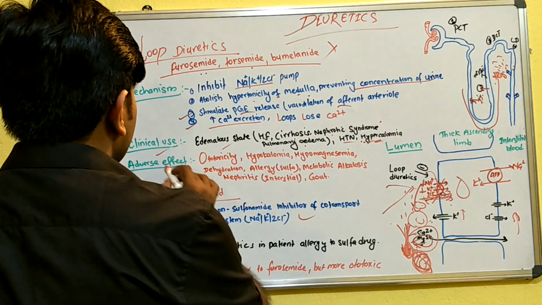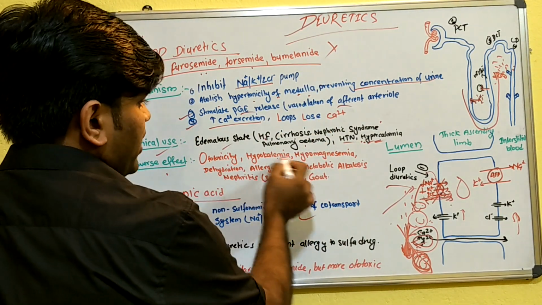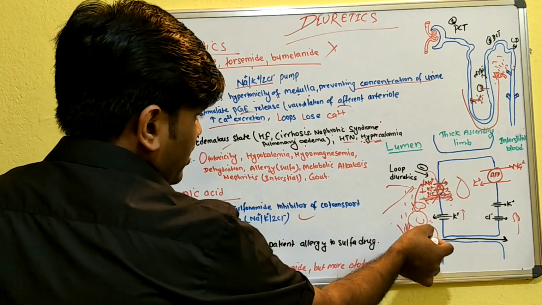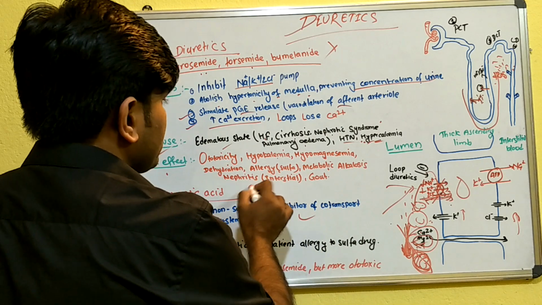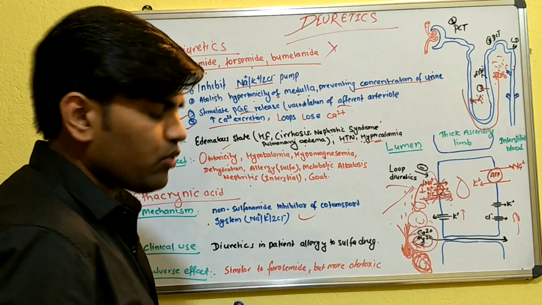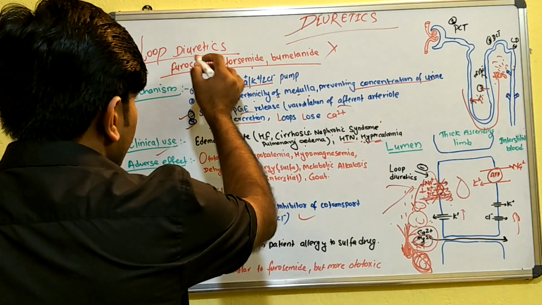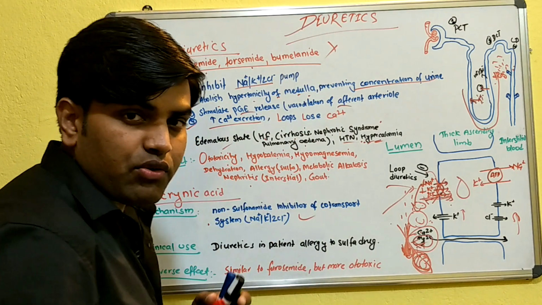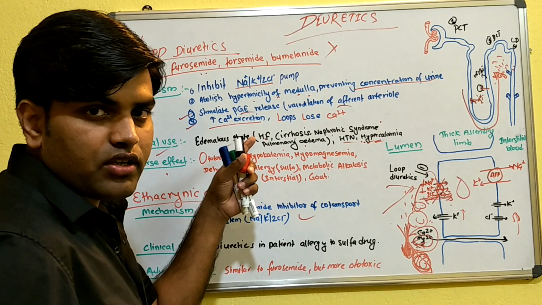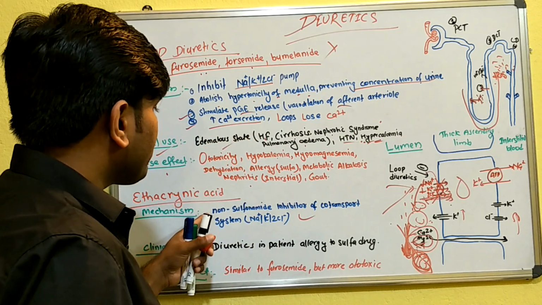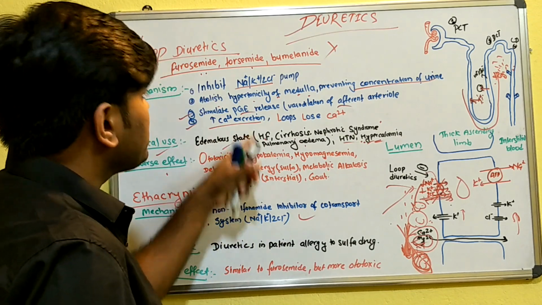Okay. Now coming to the adverse effects: you know ototoxicity, hypokalemia, which you have understood, hypomagnesemia, loss of magnesium, dehydration, allergy to sulfur drugs, metabolic alkalosis, nephritis and gout. Okay. Now if you cannot use this sulfur group of drugs, then we have to use something else, as it is a high-potency diuretic. So there is another non-sulfur drug that can be used in case of sulfur allergy.